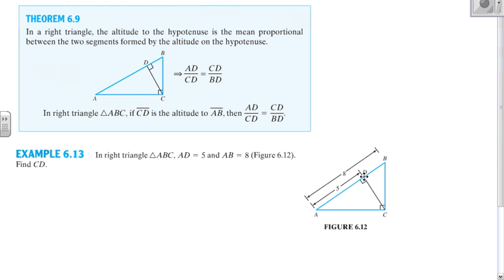So if AD is 5, the whole thing is 8, that means DB is 3, and the altitude CD is the mean proportional, or the geometric mean, of the two lengths that it cuts the hypotenuse into. So that means it's the square root of 5 times 3. So we can just say it's the square root of 15.